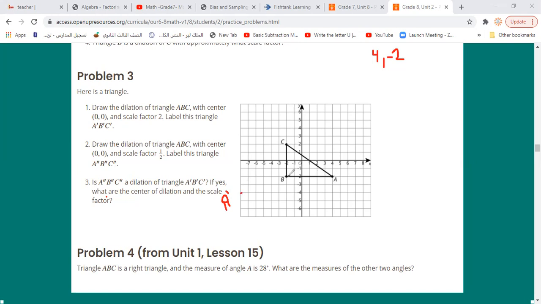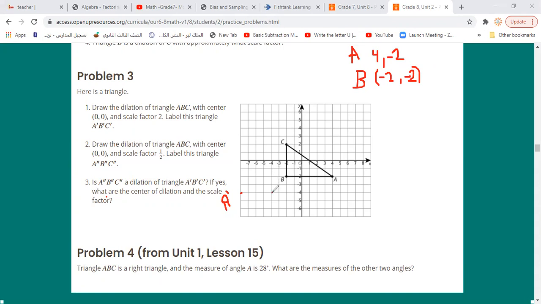This was A. What are the coordinates for B? Negative 2 and negative 2. We will multiply by 2, so it will be negative 4 and negative 4.